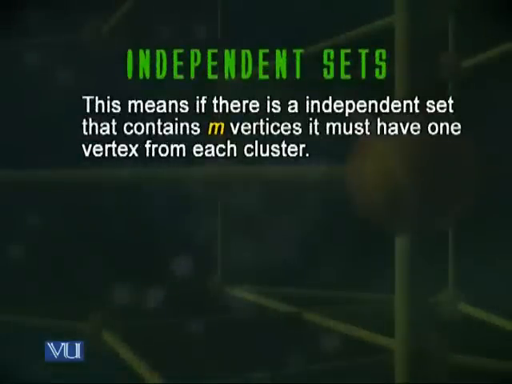This means that if there is an independent set that contains m vertices, it must contain one vertex from each cluster. Thus the corresponding assignment must make the formula phi true. So we have constructed this graph G sub phi in a very special way. The satisfying assignments of phi correspond to independent sets of size m in this graph, and the independent sets of size m in this graph correspond to the satisfying assignments of phi.